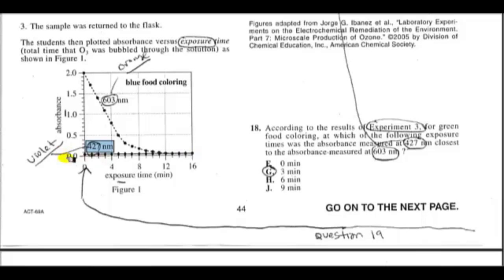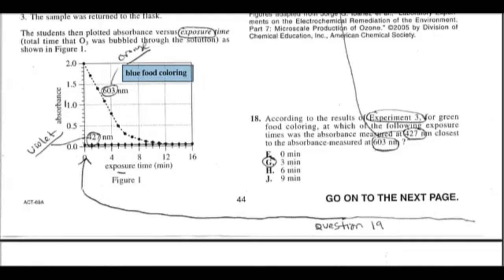That means from 0 all the way to 16 minutes, 427 nanometers didn't do anything. It stayed just above the 0 line. So, we already know that our answer for blue food coloring, our bar has to be right around 0 in our bar graph.